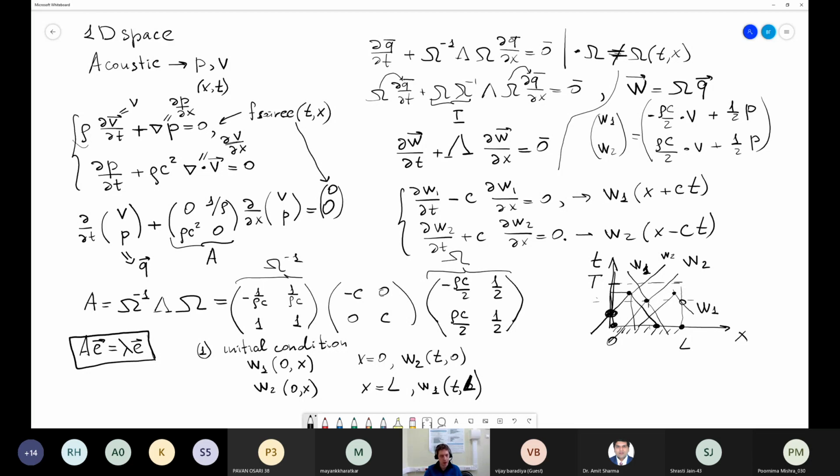We have to specify rho and c inside the medium, inside our integration domain. We have to set initial conditions, a combination of pressure and velocity. And also we have to specify two boundary conditions: the first one at the left part of our domain for W2, and the second one at the right part.